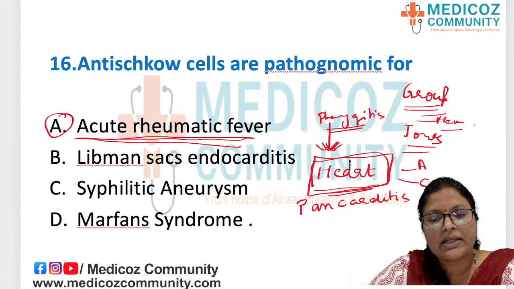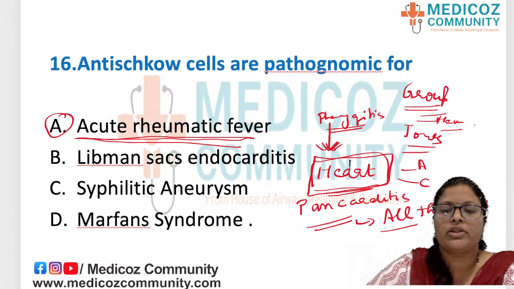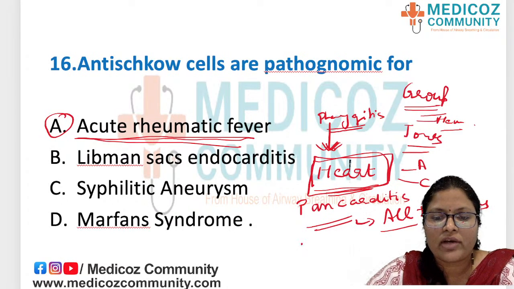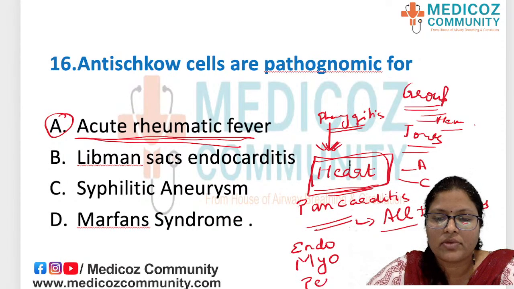What do you mean by pancarditis? It means it's affecting all the layers. What are the layers you have? You have your endocardium, your myocardium, which is the muscle, and your pericardium, right? So it is affecting all three areas.